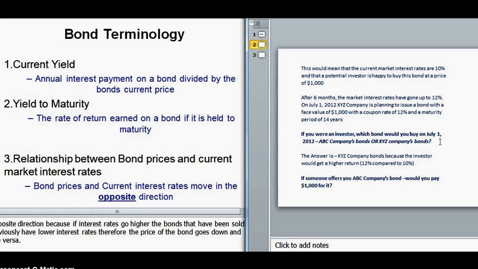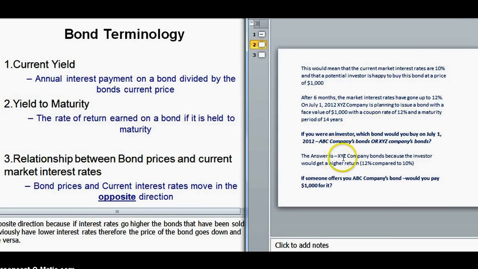To take a decision, you will compare the interest rate which you are receiving on the two bonds. The ABC company bond, which has a face value of $1,000, carries a coupon interest rate of 10%, as well as a market interest rate of 10%, whereas the XYZ company, whose face value is also $1,000, is offering a coupon interest rate of 12%.